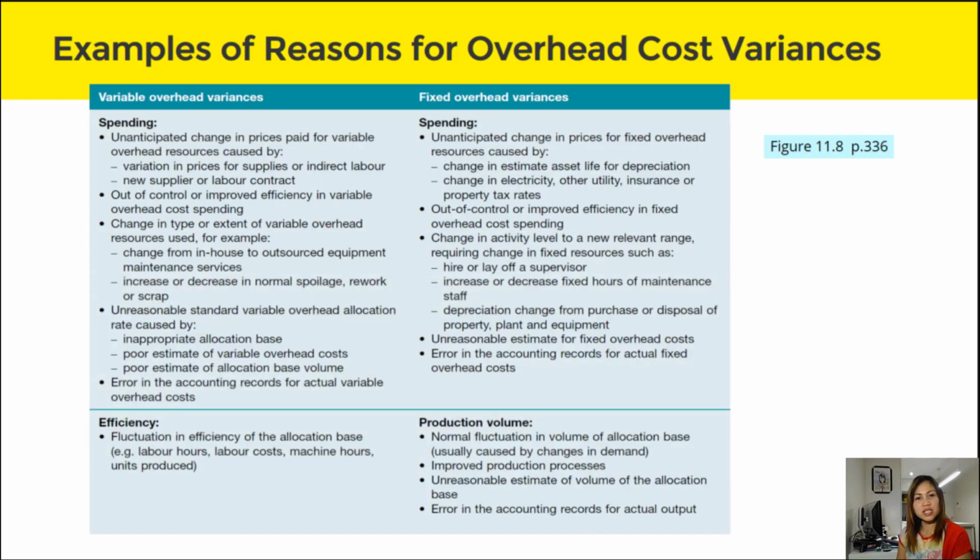Here are some reasons that might be related to why the cost variances occur for your fixed overhead costs. For the spending variance, for instance, unanticipated changes in price paid for variable overhead resources can be caused by variances in price for supplies or indirect labor, or perhaps new supplier or labor contracts.